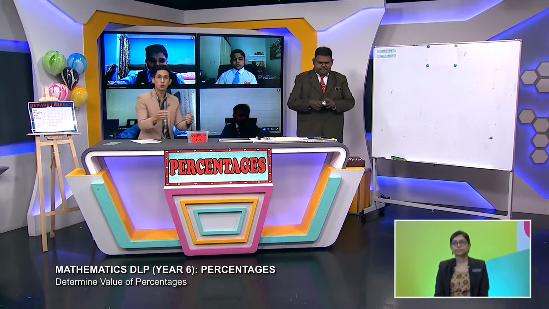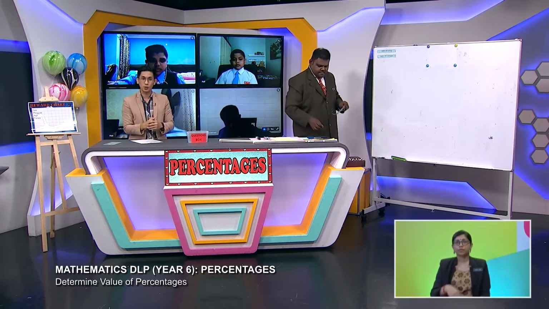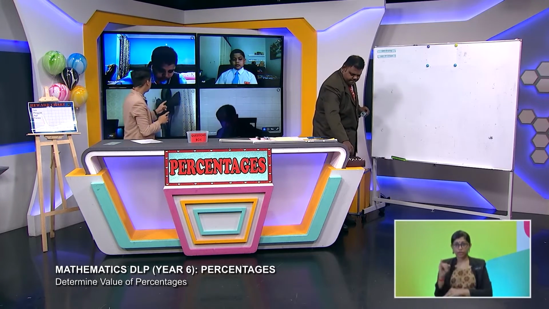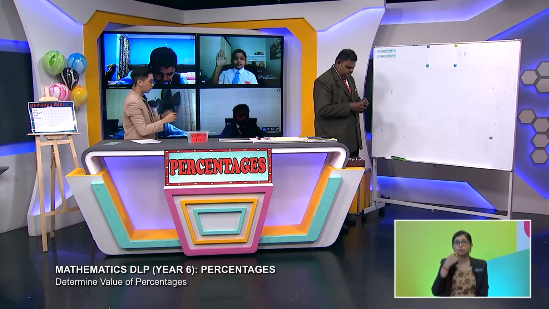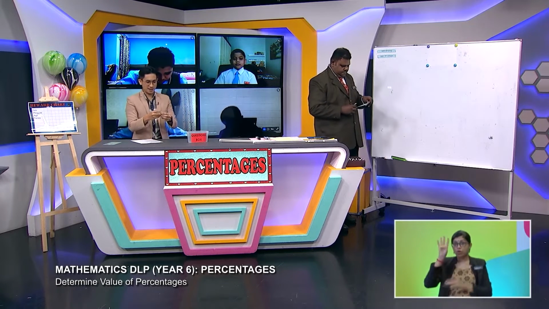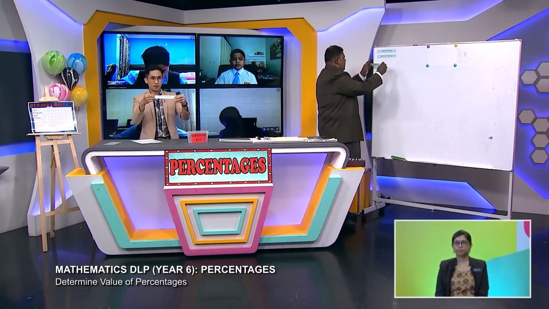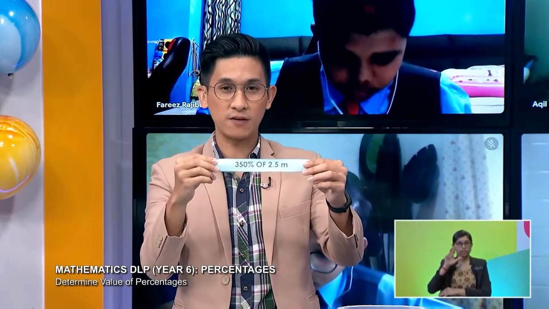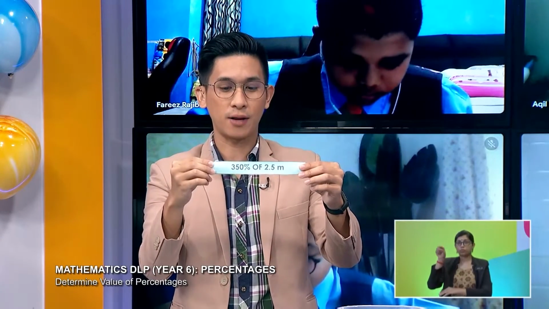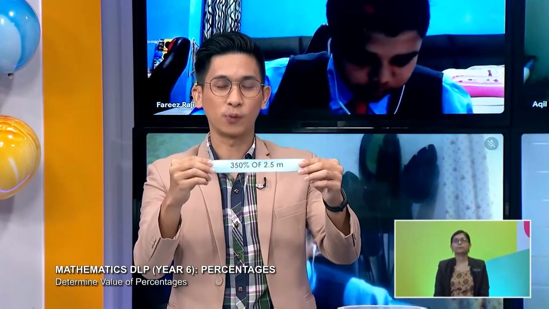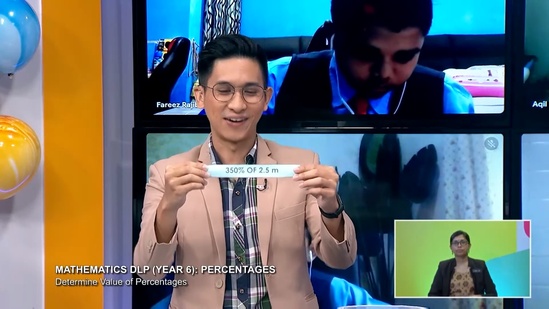For the rest of you who already got your questions, you can already start doing. And the final question, who hasn't got their question yet? Akil, right? I know, Akil, you're waiting for your question. Akil, your question is 350% of 2.5 meters.